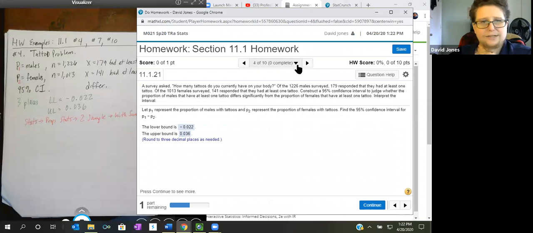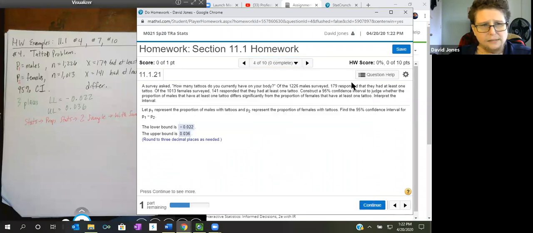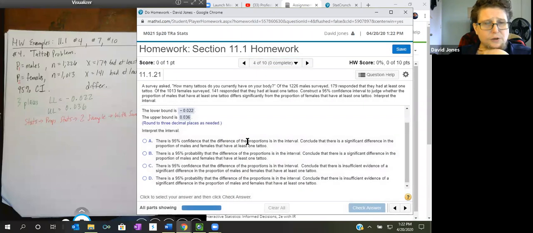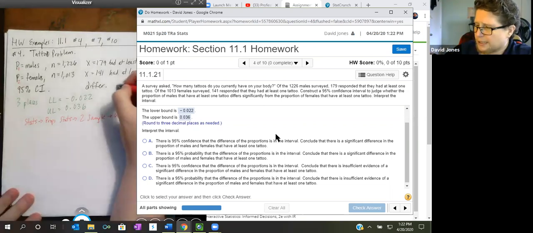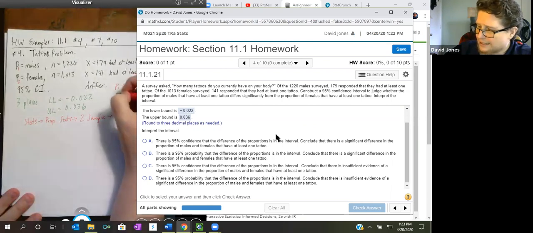Okay, then I wanted to look at number 7. Why is it saying I'm not done? Oh, continue. There's more. Okay, so what is this saying? We've got to interpret what it means. There's 95% confidence that the difference of the proportion is in the interval. Is that what that means? So if there's a difference, what we're aiming for here, P1 minus P2 equals 0 or it doesn't equal 0.